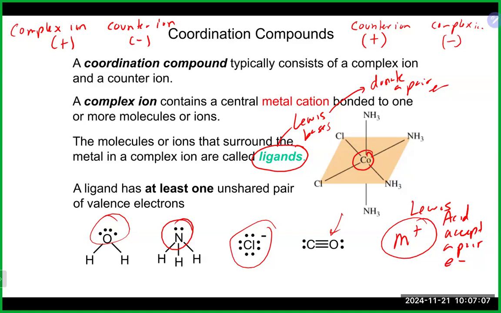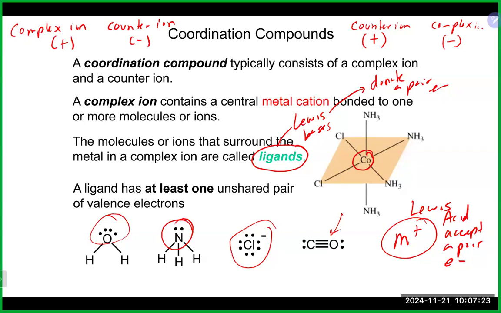So when we think about complex ions, we think of it as a Lewis acid-base situation. We have ligands donating electrons to these electron-deficient metals that are going to accept them, and they come together.